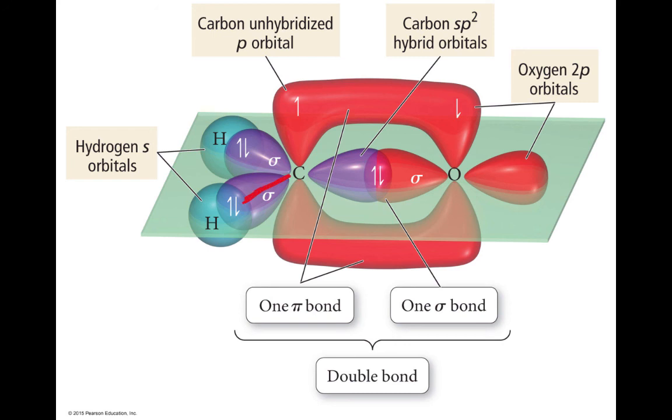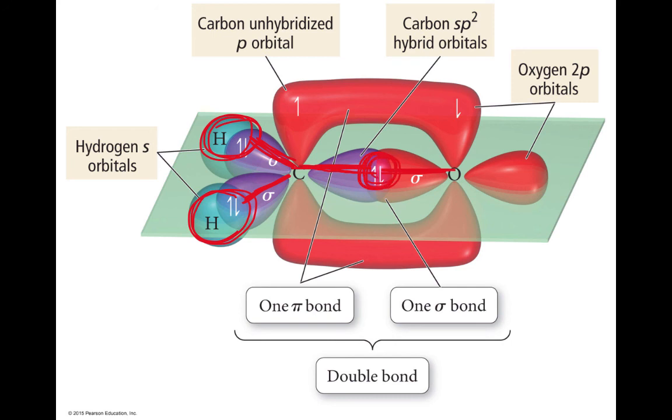We've got another sp2 of carbon here and another 1s of hydrogen there, so they're overlapping to form a sigma bond. We've got a sigma bond forming between the third sp2 of carbon there and a p orbital on oxygen here. And so they're overlapping and forming a bond between them.